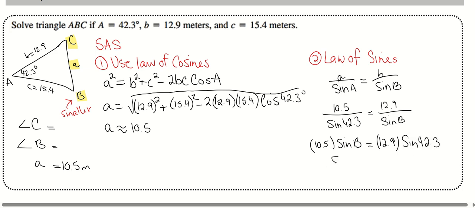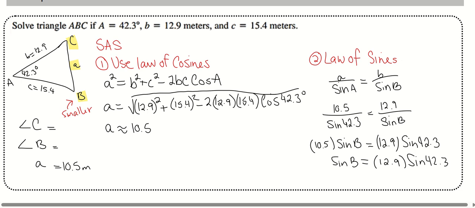And to get sine of B by itself, we take all that and divide by 10.5. And again, the more times you do this, the more steps that you may want to skip. You should end up getting that B is equal to 55.8.